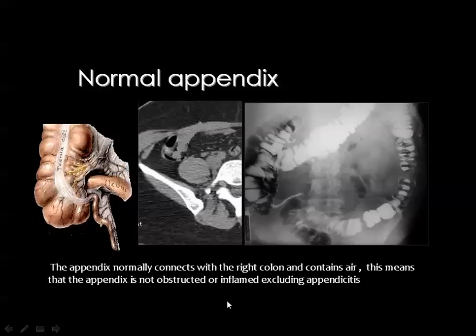Appendicitis is inflammation of the appendix, and you know that the appendix is a tube which is normally filled by air, and sometimes you can see it in the CT scans.